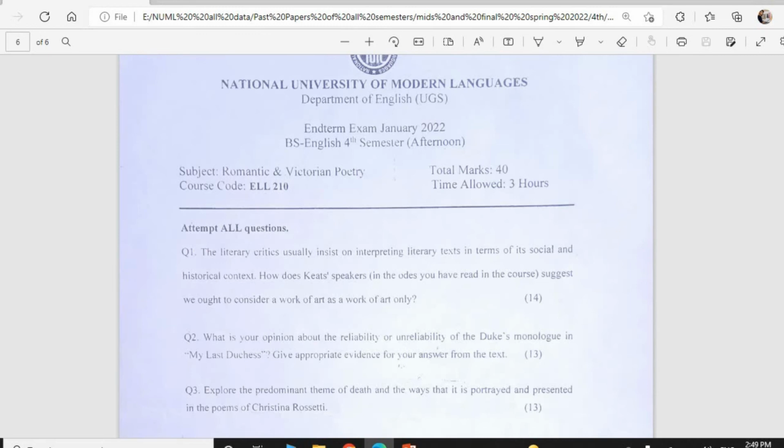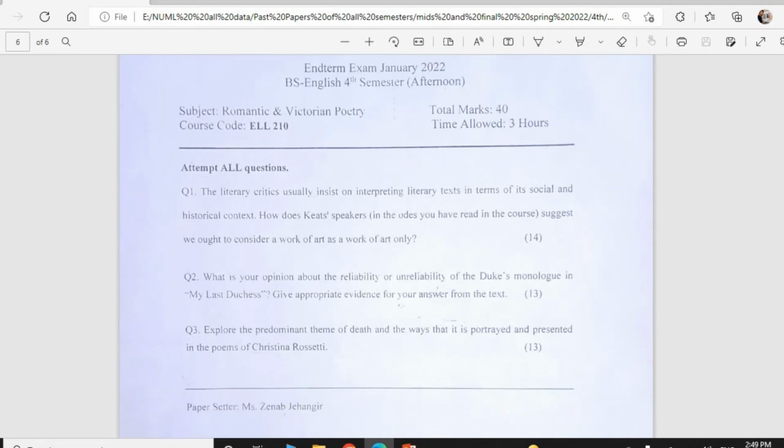And question number 1, the literary critics usually insisted on interpreting a literary text in terms of its social and historical context. What do Keats' speakers in the odes you have read in your course suggest? We ought to consider a work of art as a work of art only. So this is a critical question, right?